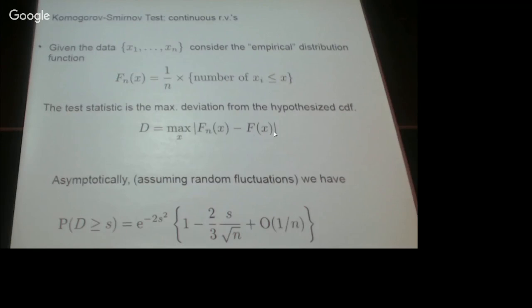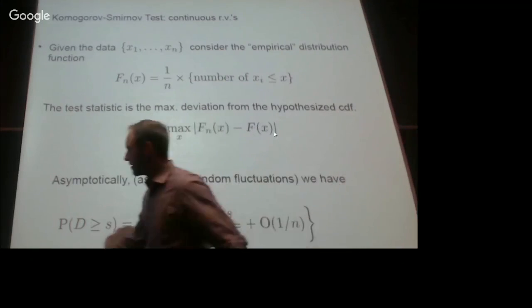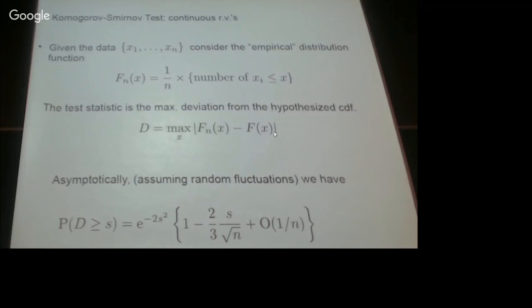Well, if we're at xi, all we have to calculate is i divided by n. That's the value of the empirical distribution function Fn. And then we subtract the model distribution function evaluated at xi. That takes care of these points here.